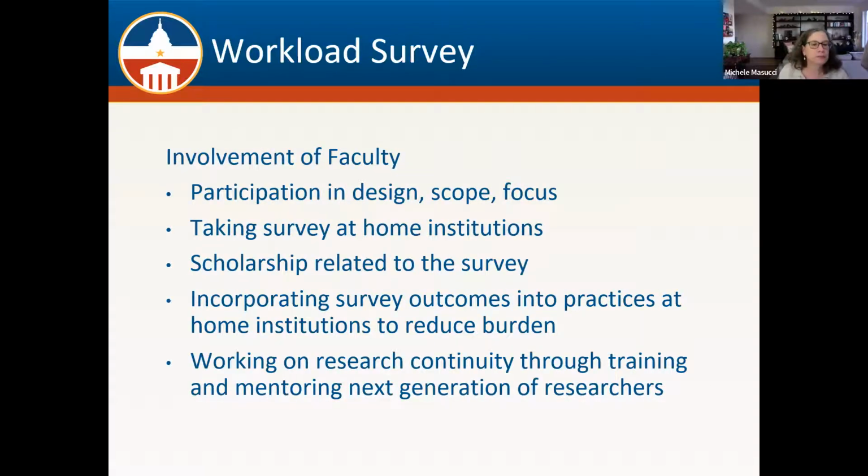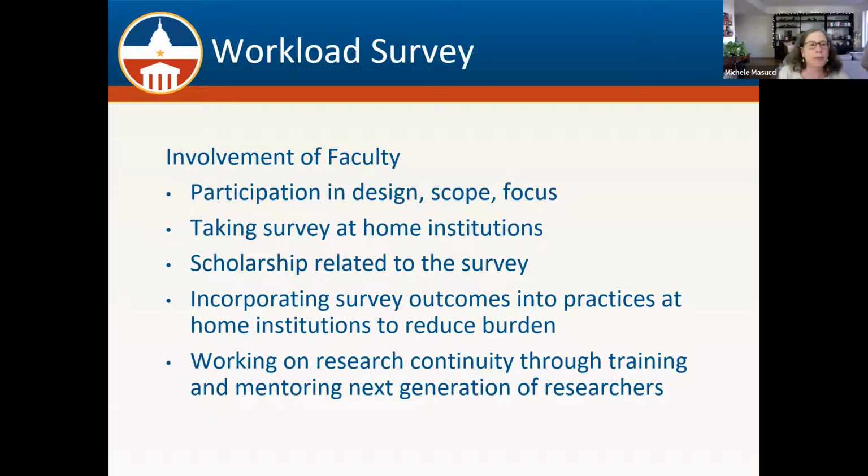So one of the things I wanted to do is to get a conversation started today about some of the ways in which faculty can be involved in the survey process. In the past, we have had a work group for the faculty workload survey of many faculty and some administrators who help us think about things like the ones on this list.